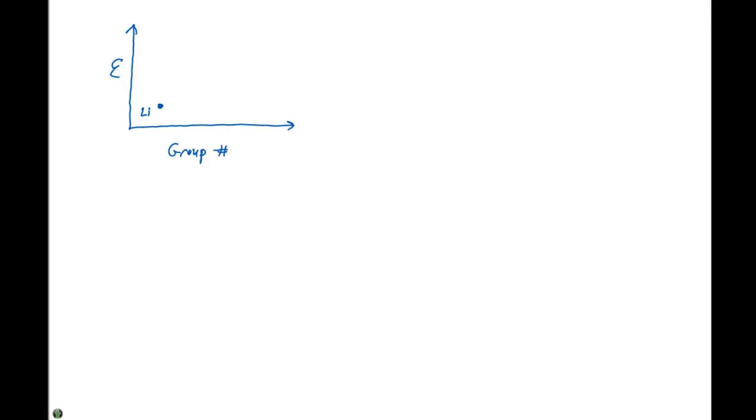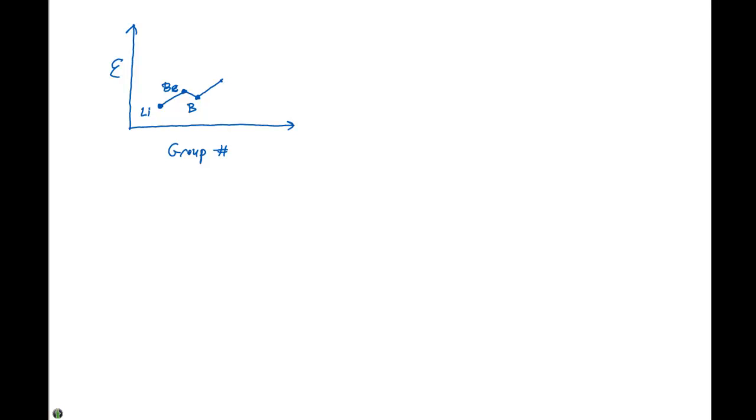Lithium has a fairly low ionization energy. When we go from lithium to beryllium, as the trend suggests, the ionization energy is going to increase. But when we go to boron, we see a slight drop in ionization energy.